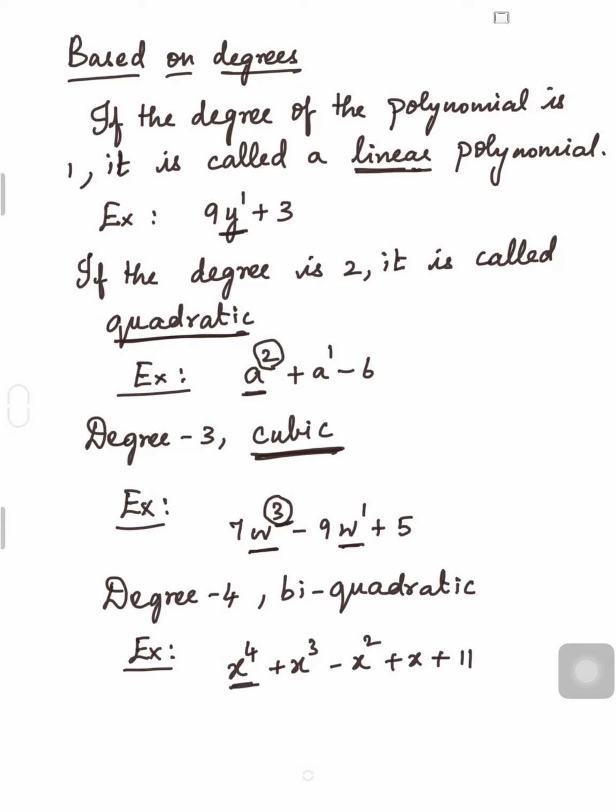Here the variable used is x and the variable power in the first term is 4, then 3, then 2, and here it is 1, and which is the highest number? 4. So the degree of this polynomial is 4. So it is called what? Biquadratic polynomial. As I said, all these, whether it is a linear polynomial or quadratic or cubic or biquadratic, all these are called polynomials.